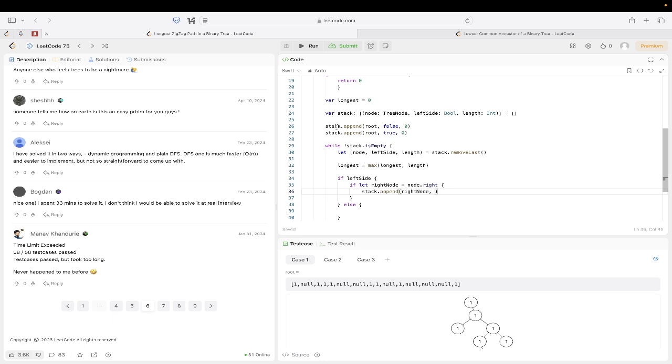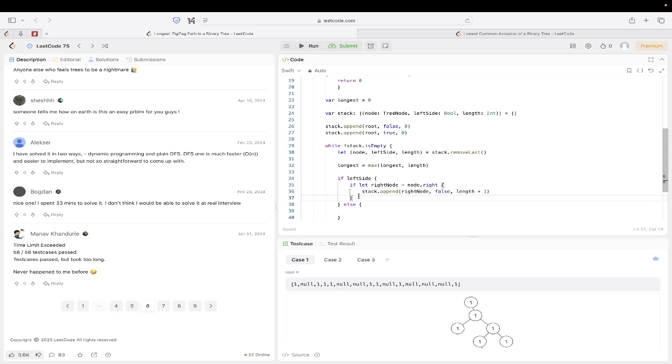False is left, so we're going to do false, and then no, we're going to do +1. We want to increase the length. We're going to increase the length +1.